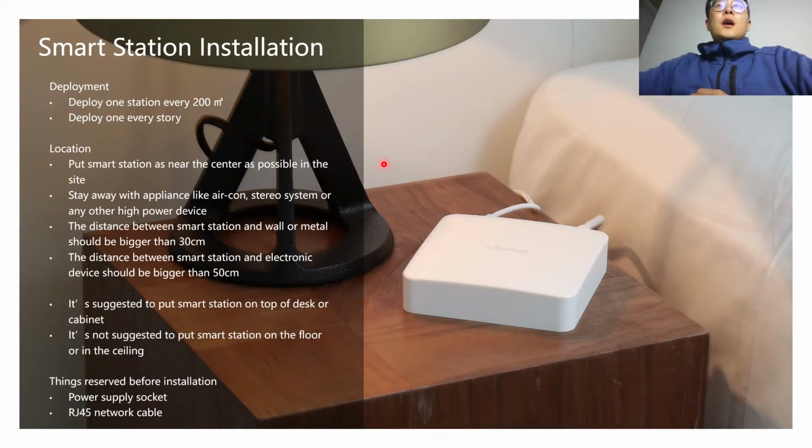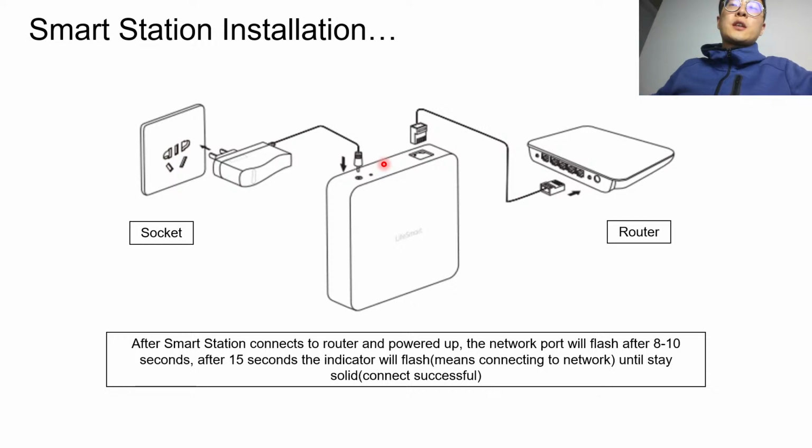Okay, let's continue. The smart station installations. Now we will talk about the setup and installation for smart stations. Let's check this chart first. The smart station uses a power adapter to power it up, and an RJ45 cable to connect to the router. After it connects to the router and is powered up, the network port will flash after 8 to 10 seconds.